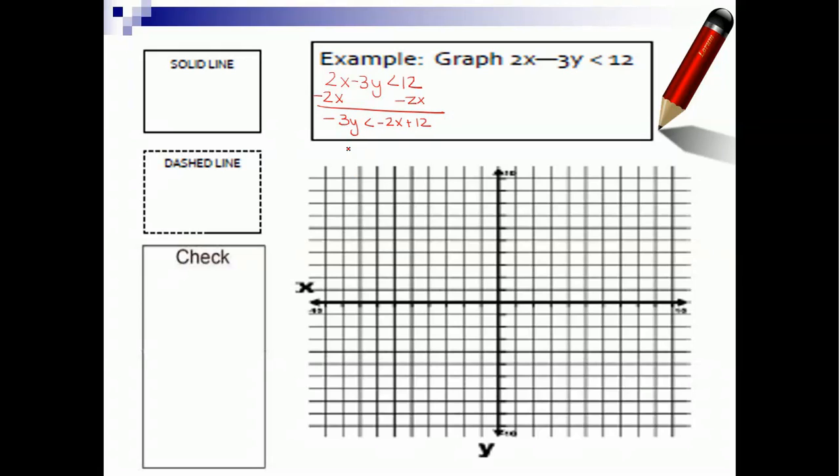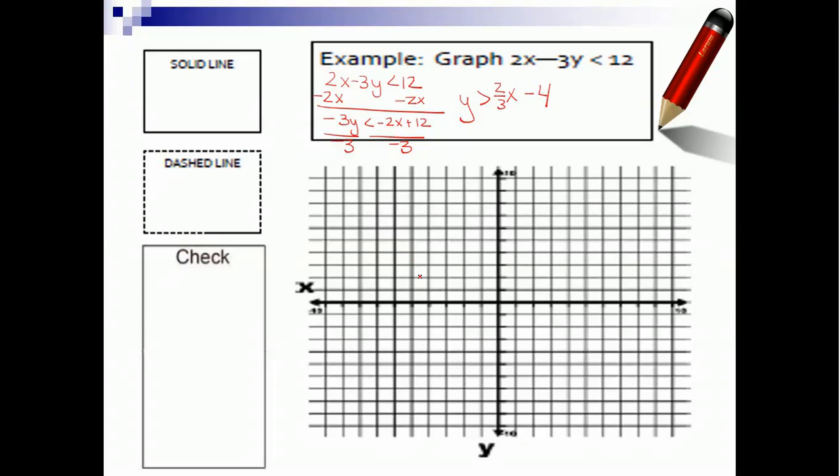There we go. Divide by -3. Oh, divided by a negative, right? Flip the flipping sign. So -2 divided by -3, that is 2 divided by 3, right? Because the negatives are going to cancel out, left with an x. And then 12 divided by -3 is a -4. So I have solved for y.